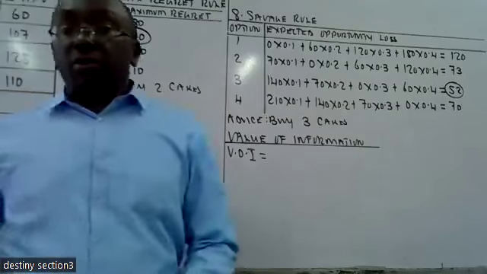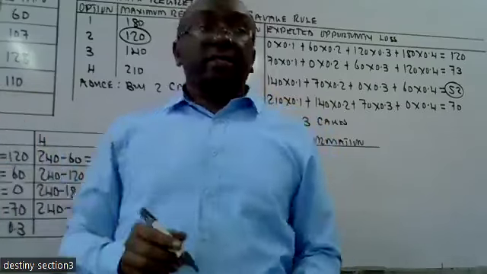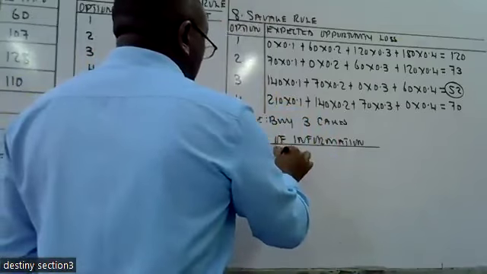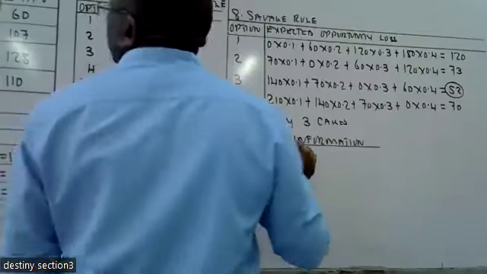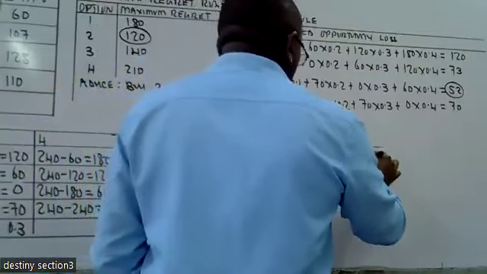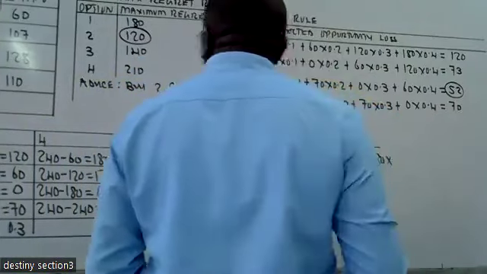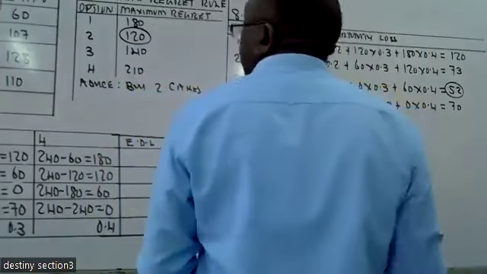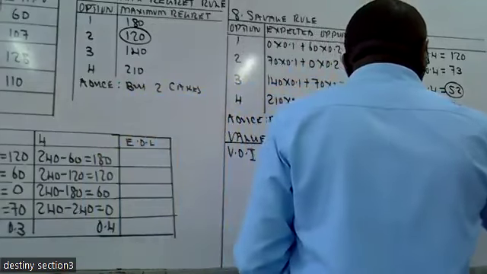You go to the original table. You go picking the highest. In option 1, the highest was 60, multiplied by 0.1. The next one, the highest was 120, multiplied by 0.2. The next one, the highest was 180, that is the outcomes, not options, 0.3. The next one is 240 at 0.4.